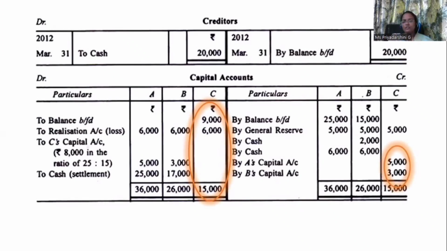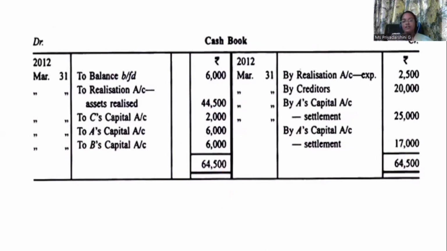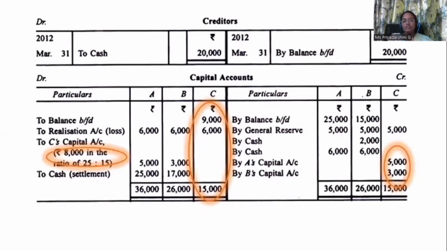What is that 25:15? It's nothing but their capitals, 25,000 and 15,000. That has been used as a ratio. So here it comes, how it is computed: 5,000 and 3,000. And this 5,000 and 3,000 is again transferred. It's a contra entry, so it has been transferred to the debit side of the ledger. So on the whole, this capital account shows right now the settlement parts of the partners.